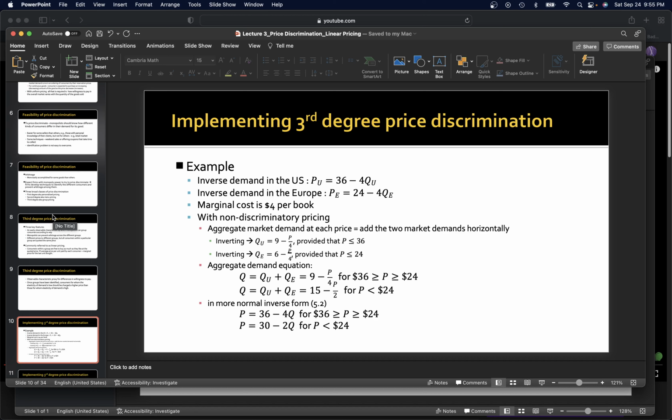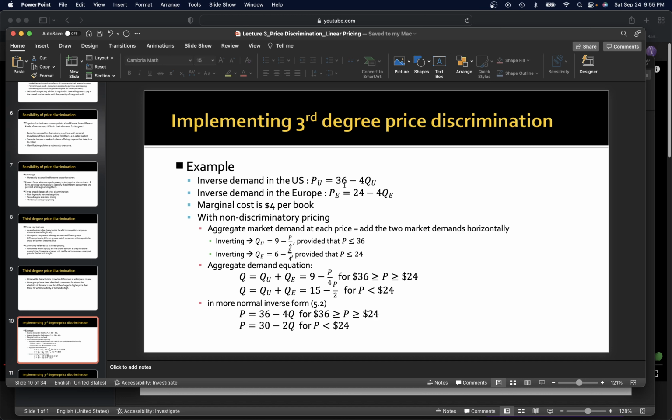Now you've got the marginal cost of providing this product, which is 4. With non-discriminatory pricing, aggregate demand at each price is found by adding the two market demands horizontally. How do you do that? Well, you invert each one, which will give you this. Note that when price is less than 36, this US demand is positive.